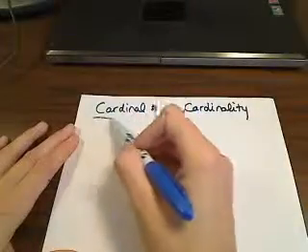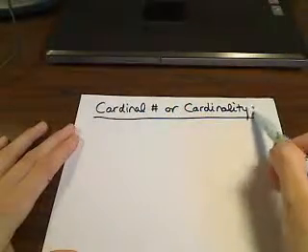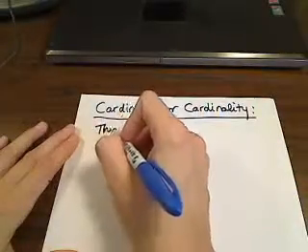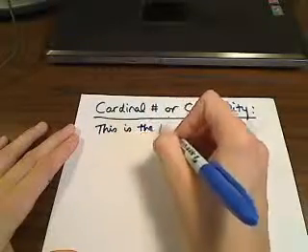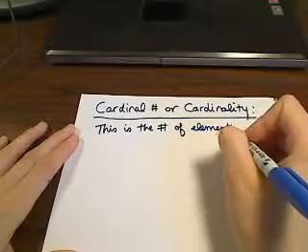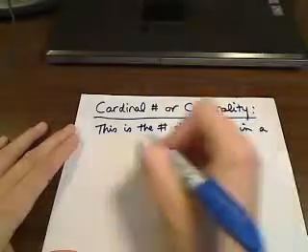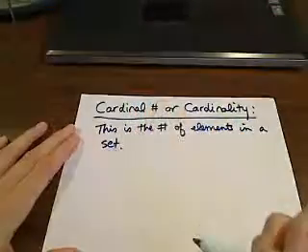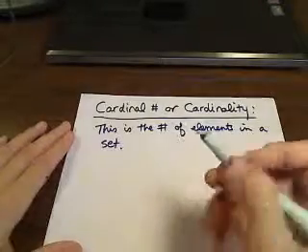Okay, so the cardinal number or the cardinality is the number of elements in a set. And we have a notation for this.